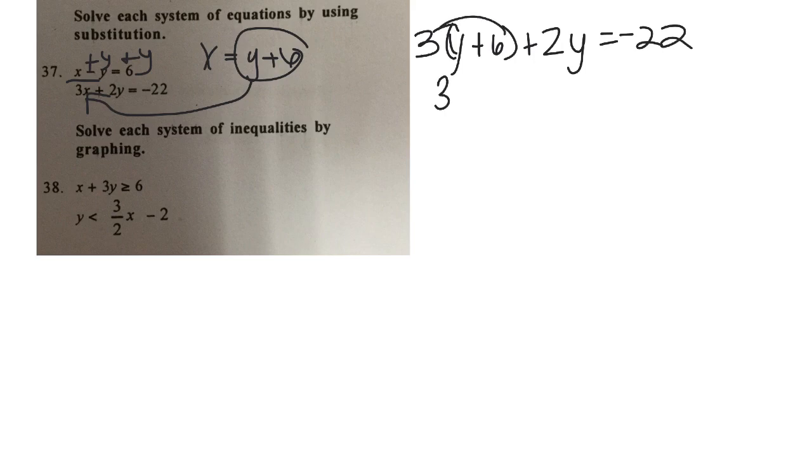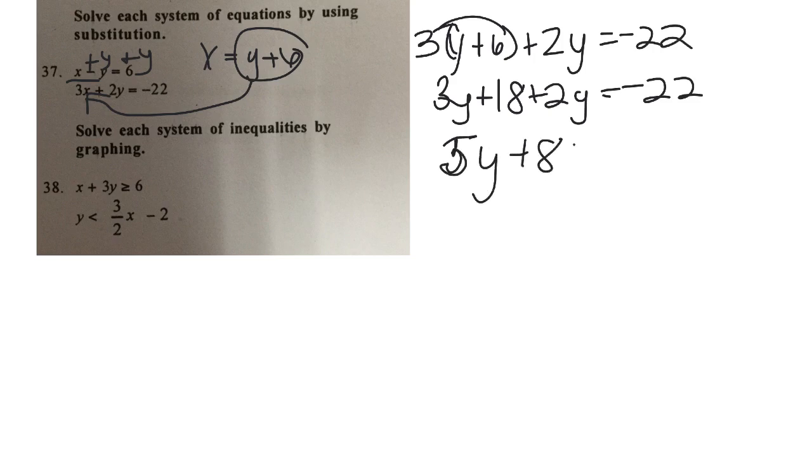Distribute: 3y plus 18 plus 2y equals negative 22. 3y plus 2y is 5y plus 18 equals negative 22, minus 18.